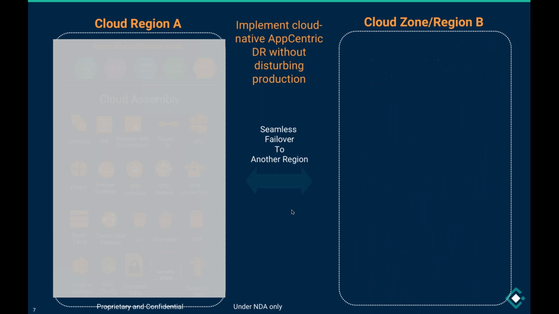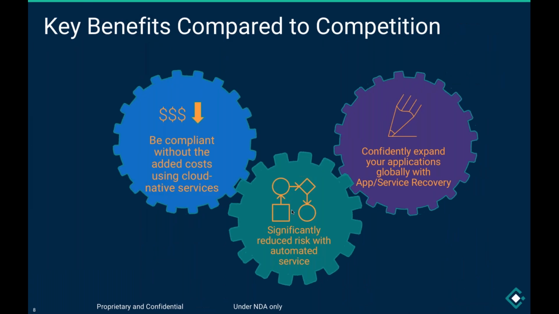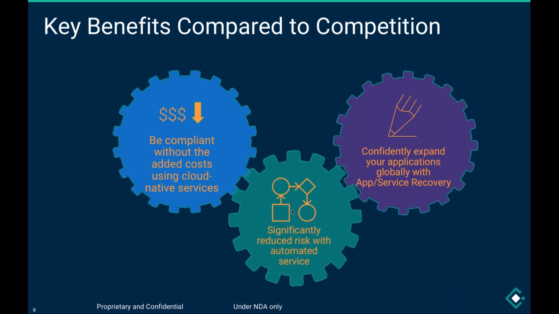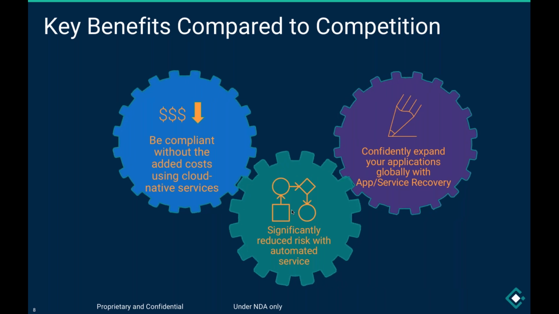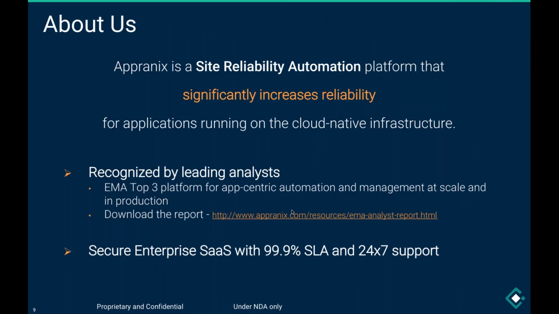So given that, how do you get started? It's very easy to get started. You can become compliant really quickly. You can reduce the risk, and you can achieve the resiliency that you want. Overall, just to give you an idea, we are a site reliability automation company.